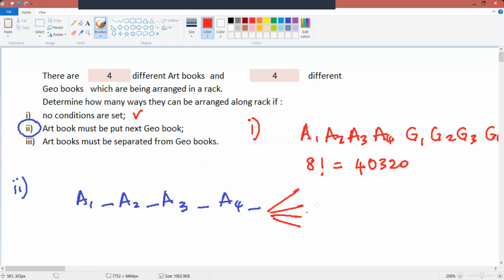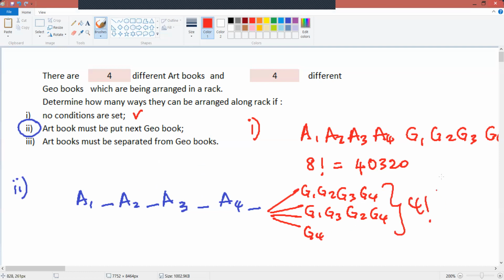You can branch out like G1, G2, G3, G4, or G1, G3, G2, G4, or G4 over here. So altogether it's going to be 4 factorial. Don't you agree? That is for a single arrangement, which is A1, A2, A3, A4.